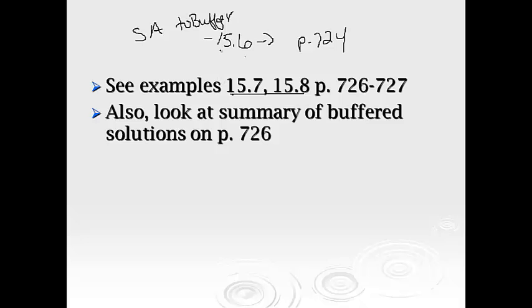Then 15.7 is the same type of problem, walking you through step by step how it changes. And 15.8 is going to walk you through actually preparing a buffer. Some of your practice problems are all going to deal with this as well. But flip through these, and then we'll do lots of practice in class, and we will go from there.